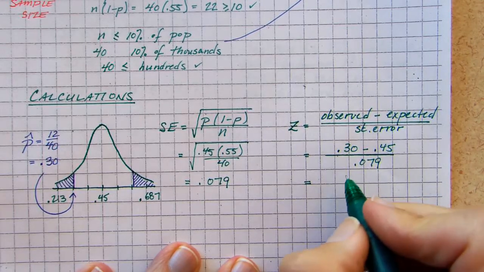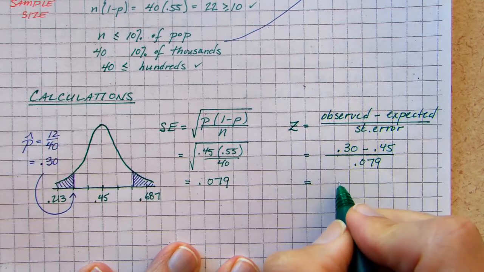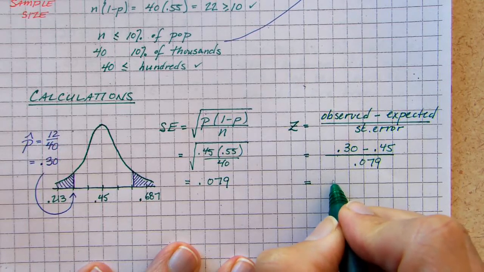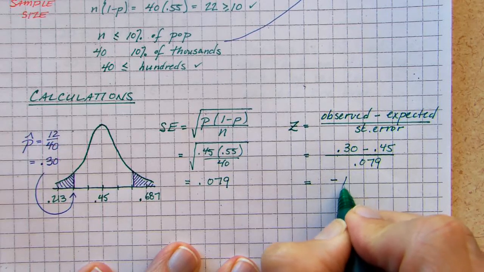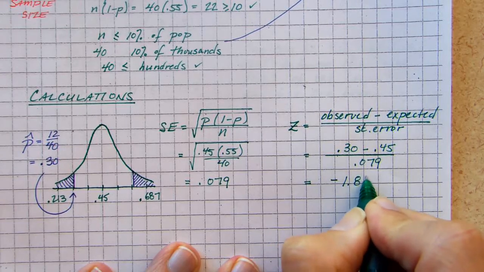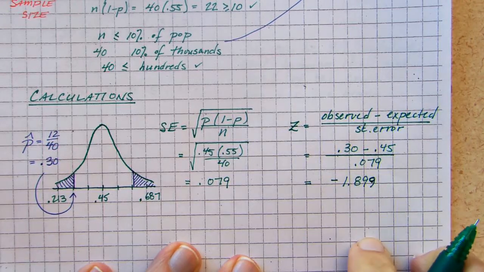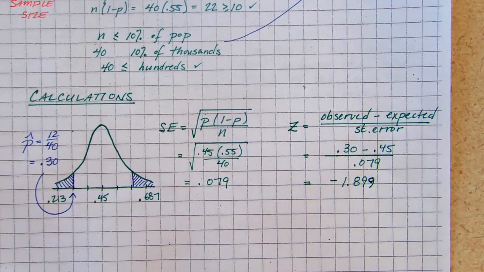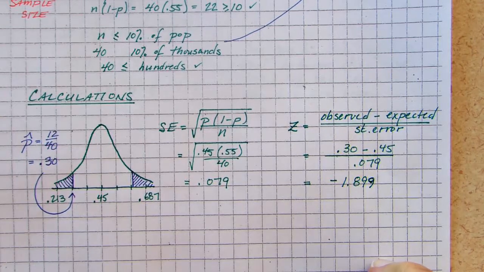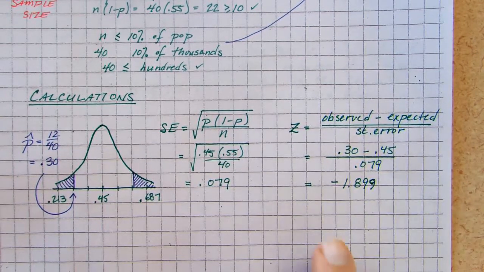So I'm getting a z-score of about negative 1.898. Oh, that should be 899 actually if I round it. So almost about a 1.90 standard deviation z-score.